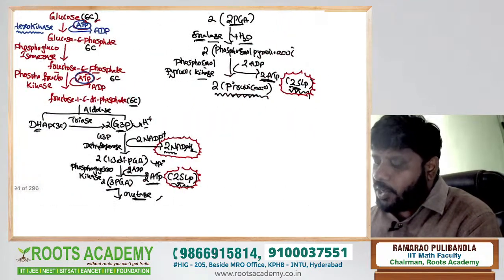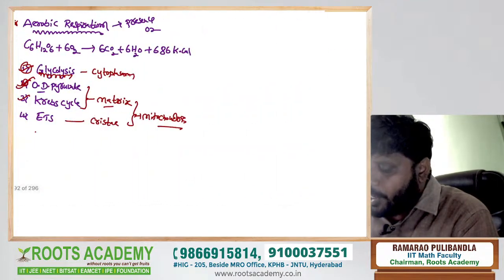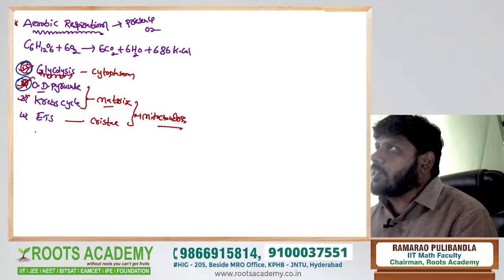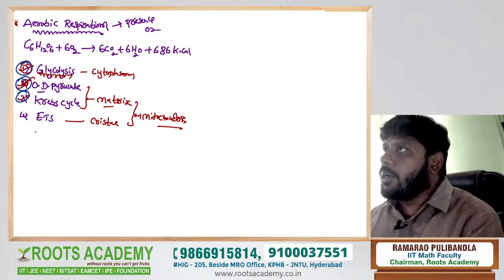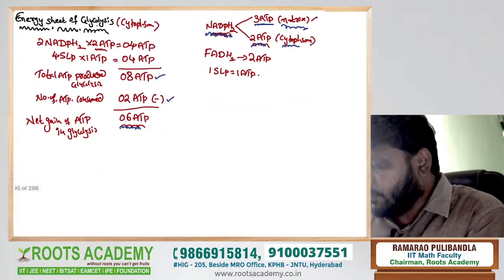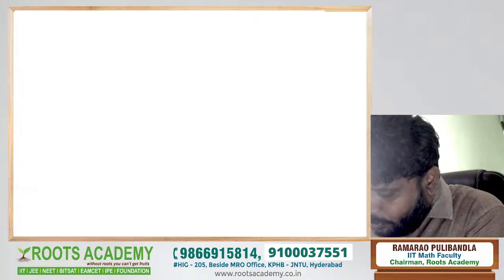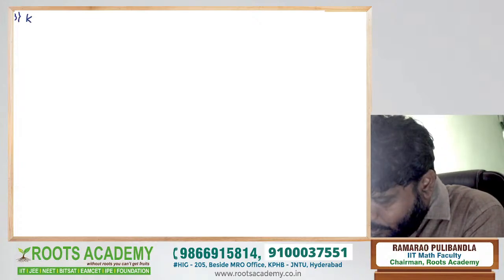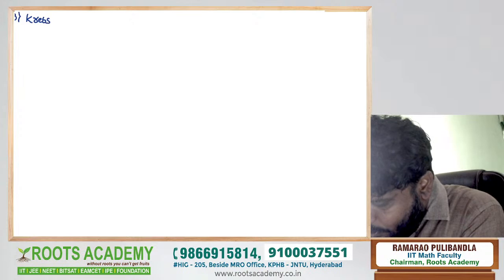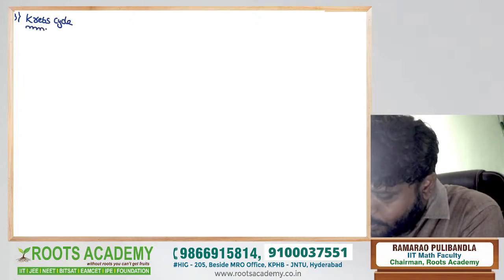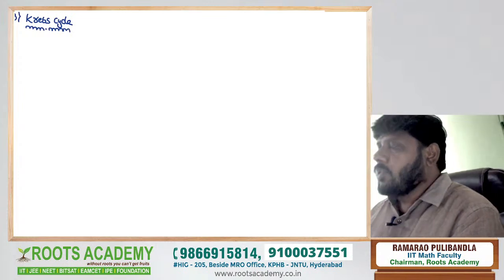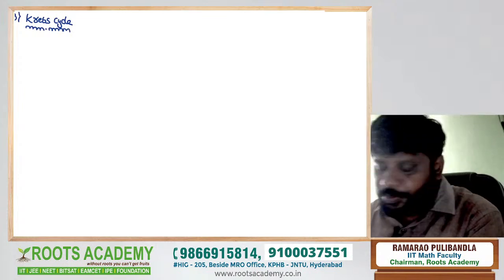What is the third reaction in aerobic respiration? First one is glycolysis, second one is oxidative decarboxylation of pyruvate, and third one is the Krebs cycle. So the third step is the Krebs cycle.